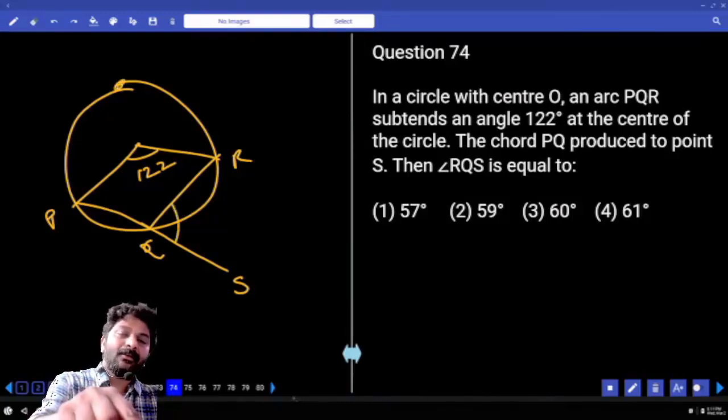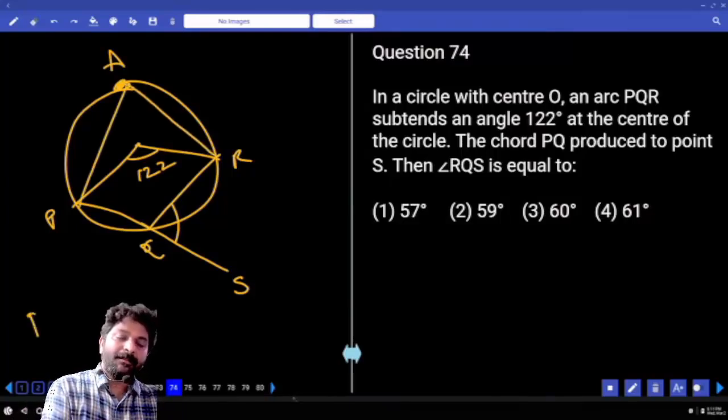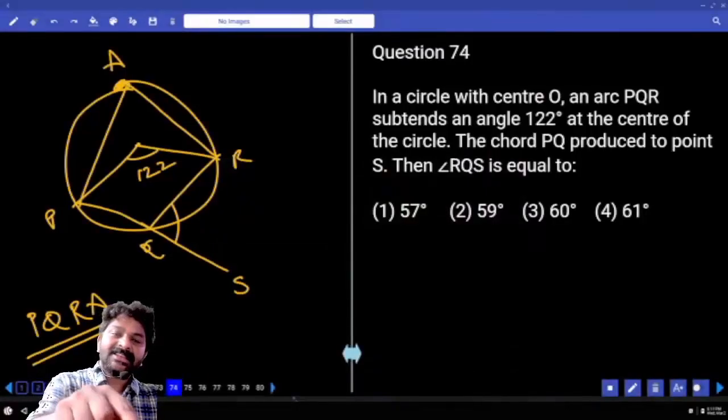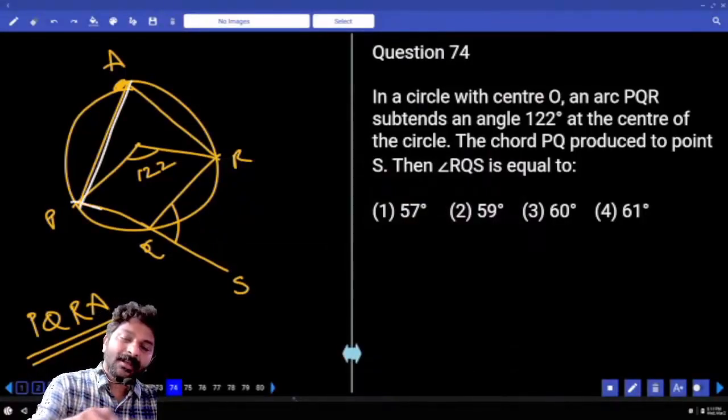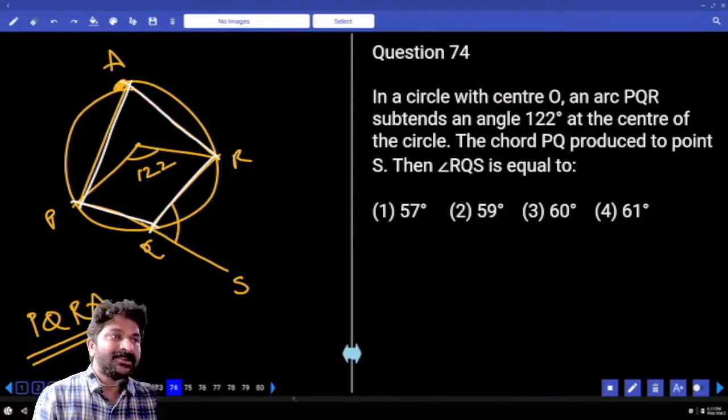Okay. Now, let me take one more point here, A. Can you tell me, PQRA, is this a cyclic quadrilateral? 4 points are in the circle. So, it is a cyclic quadrilateral, correct?